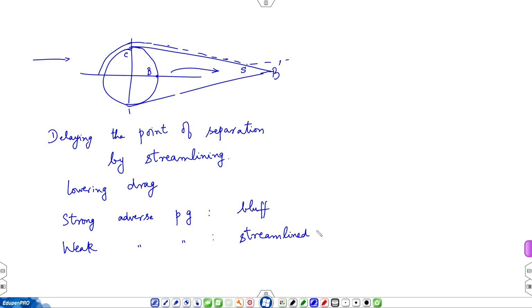So, a bluff object is characterized by early separation, a streamlined object is characterized by delayed separation. If there is delay in separation, the drag coefficient goes down.